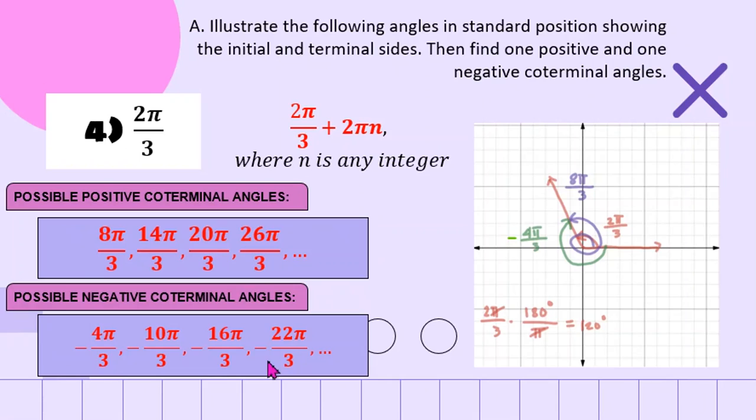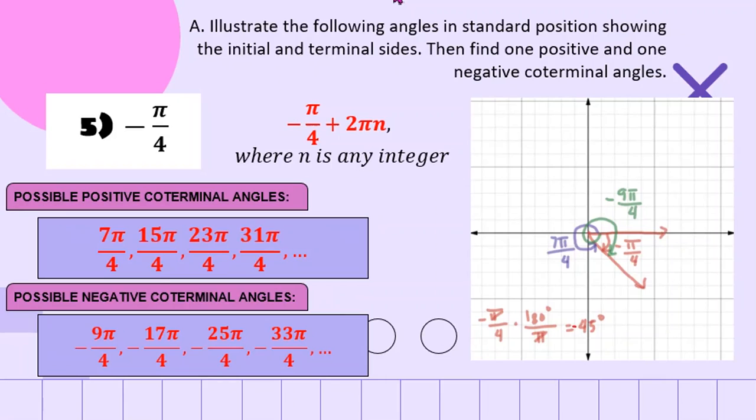Continue to do that until you get the number of negative coterminal angles that is asked. There are infinitely many coterminal angles, and I am only asking for one. The same for negative.